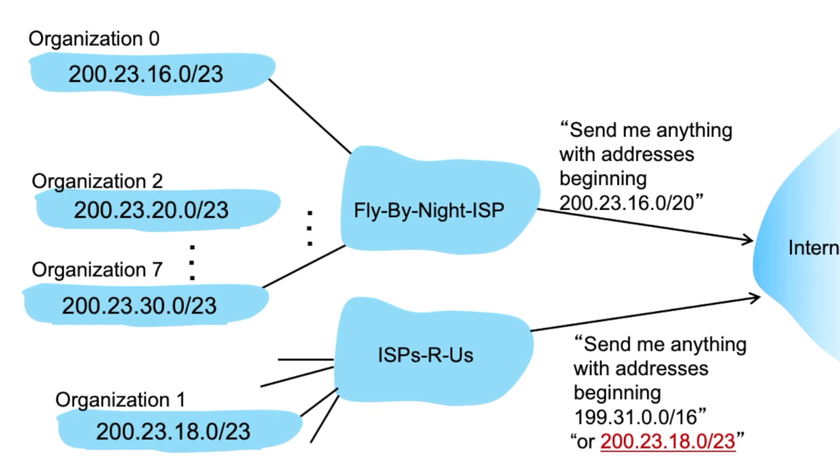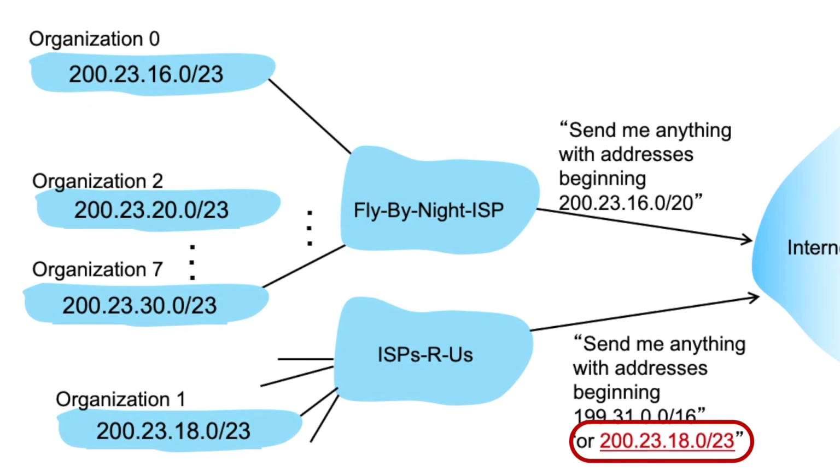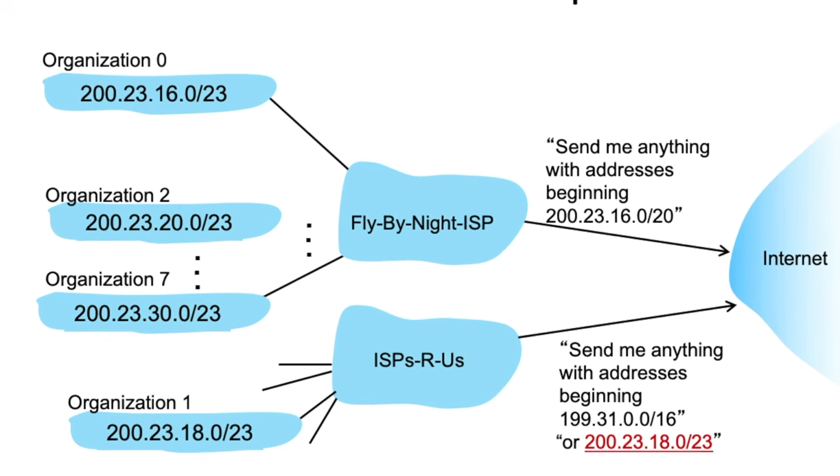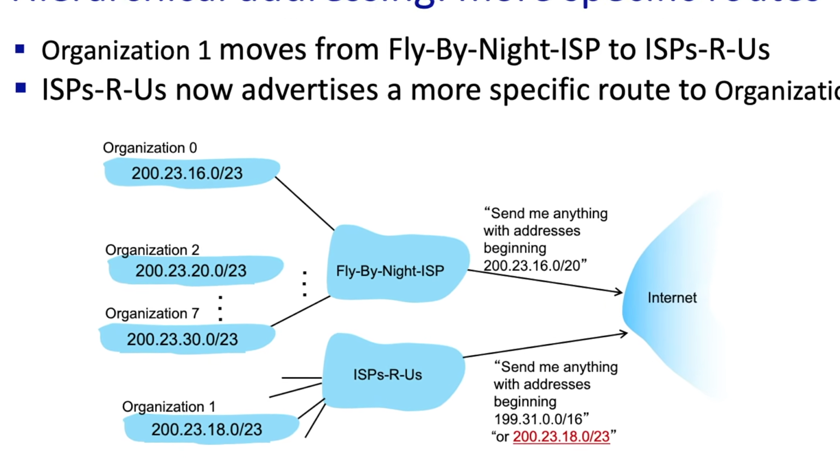Well, what's absolutely critical here is that ISPs are us has advertised a longer 23-bit prefix, 200.23.18/23, a more specific prefix than the 20-bit prefix 200.23.16/20 advertised by fly-by-night. And I hope a light bulb has just gone off in your head.